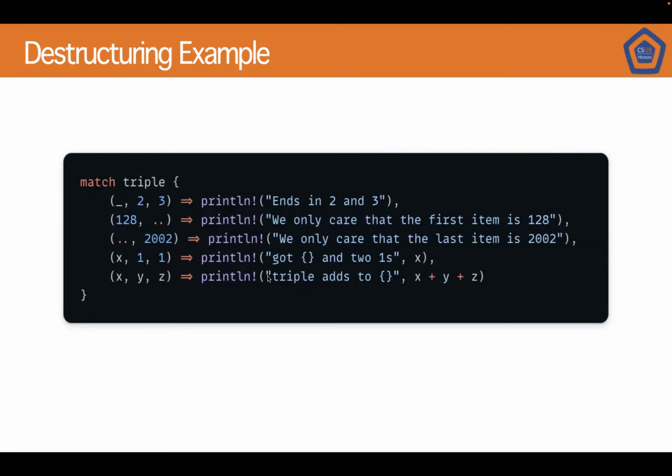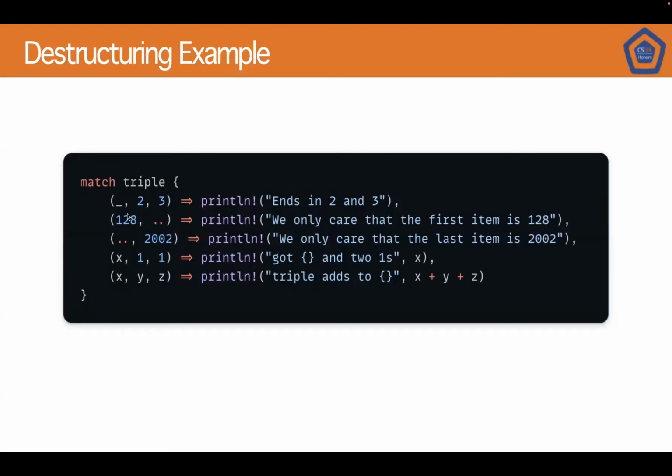So let's look at an example where we're trying to match some tuple of three integers. Starting with the first arm, we're using a wildcard to say that we don't care about the first value in the triple. We'd be okay with anything as long as the last two values are 2 and 3 respectively. In the second arm, we're using the range notation to specify that we only care about the first value.